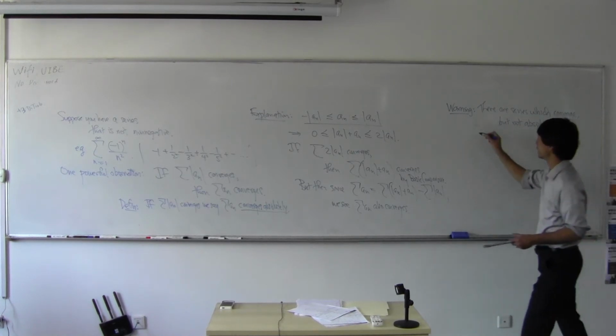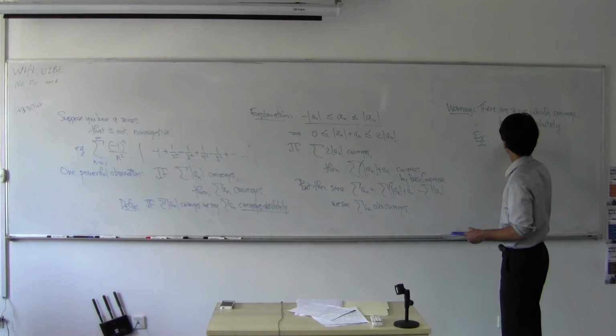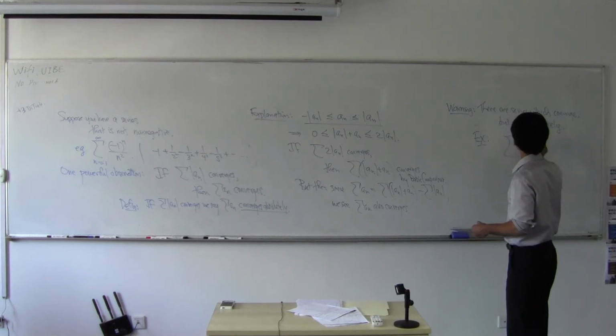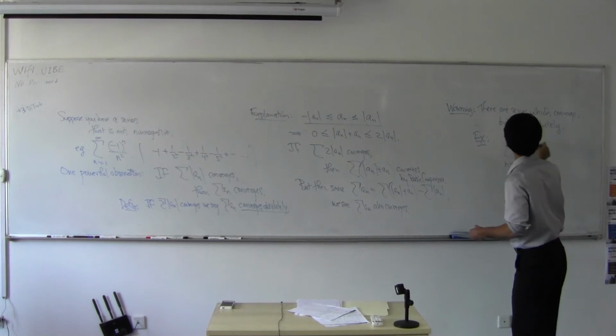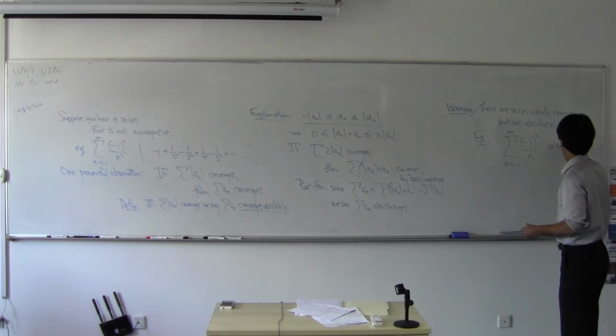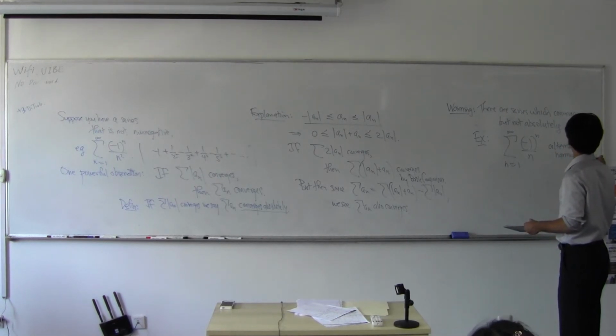Here's an example, and we'll explain it in a second. This is something called the alternating harmonic series.